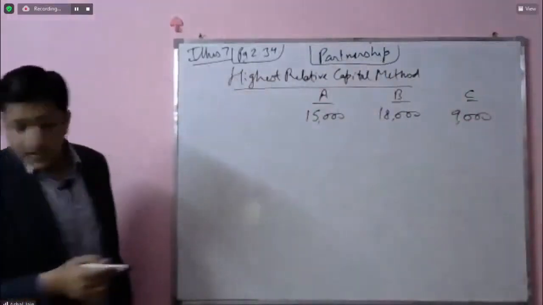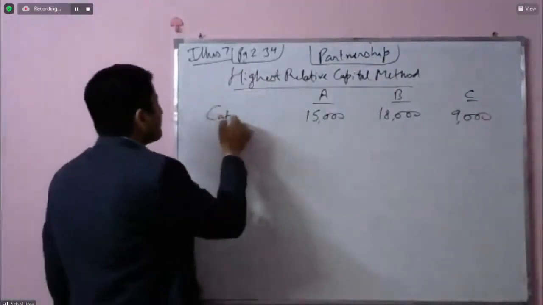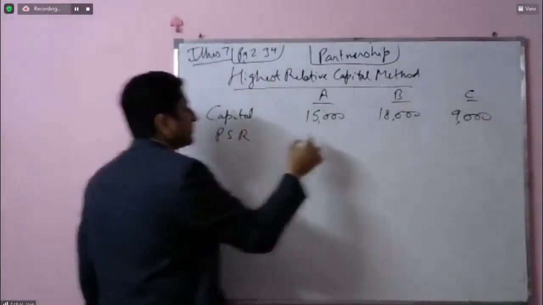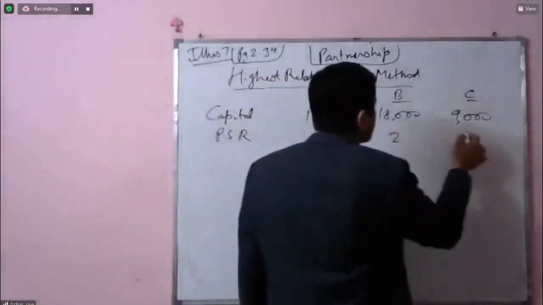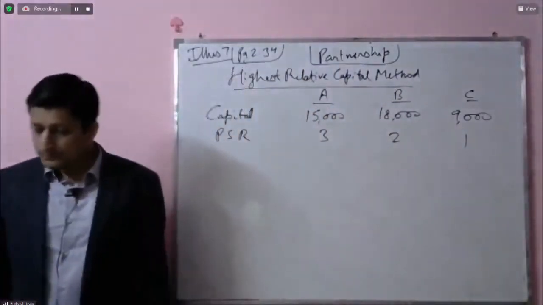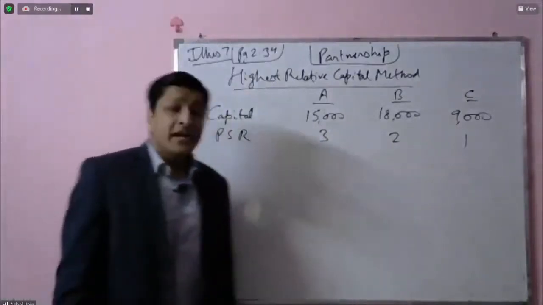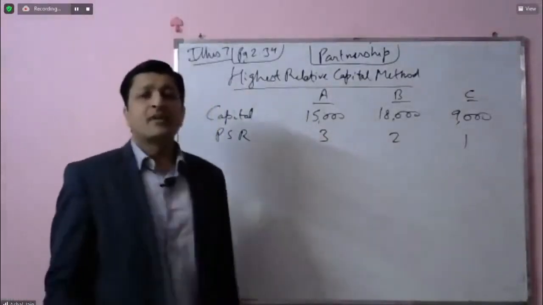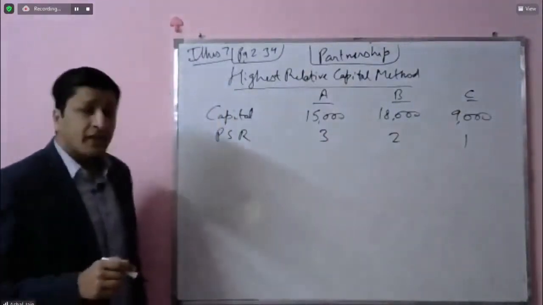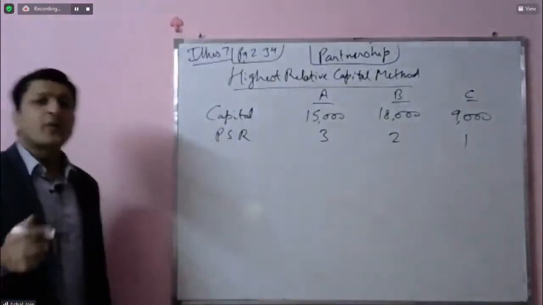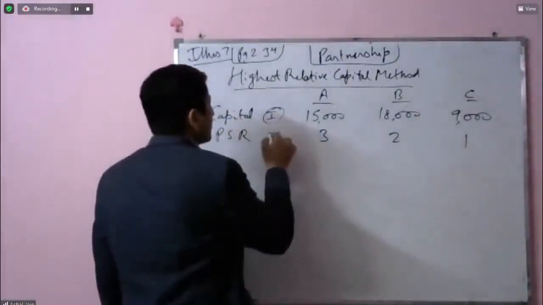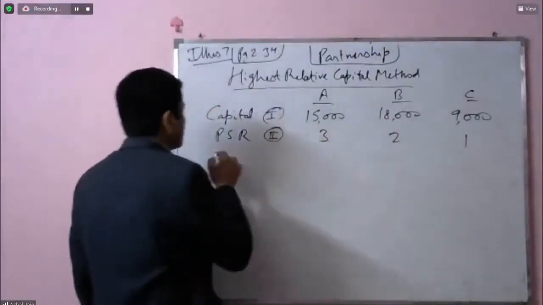This was the capital which they had, and then we can put down their profit sharing ratio, which was 3:2:1. Now, under highest relative capital method, what's the first step? First step is to divide the capital of the partners by their profit sharing ratio. So let me just say this is first, this is second.